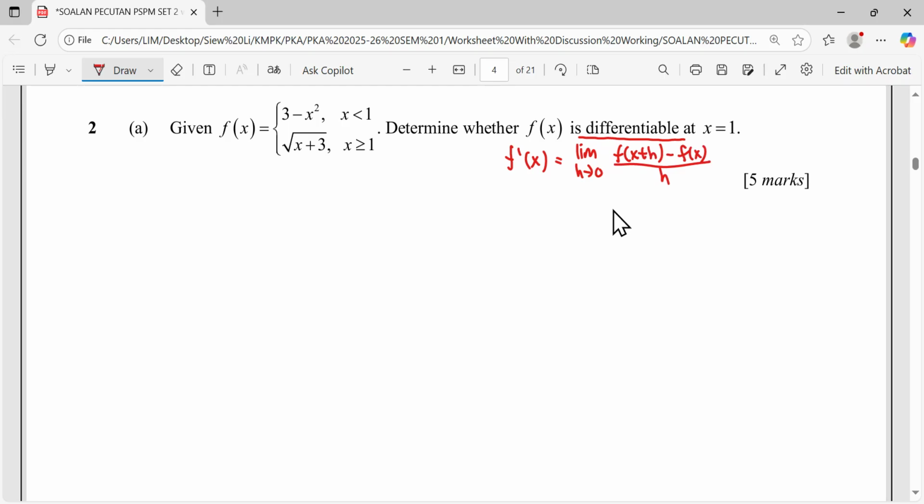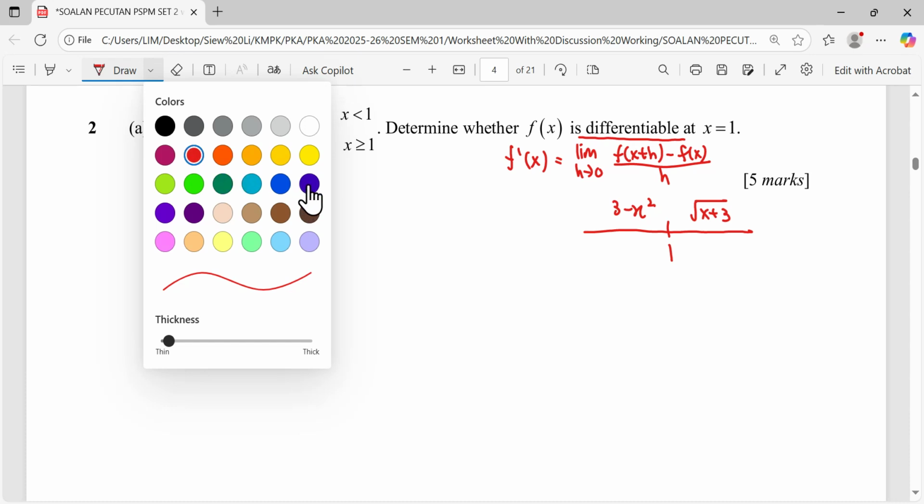And our function here is a piecewise function: 3 minus x squared for x less than 1, and square root of x plus 3 for x more than or equal to 1. So when we want to find the limit as h approaches 0, is it differentiable at a point?